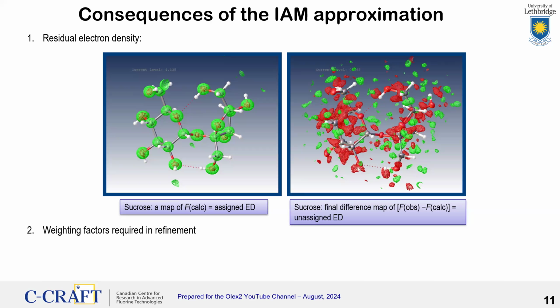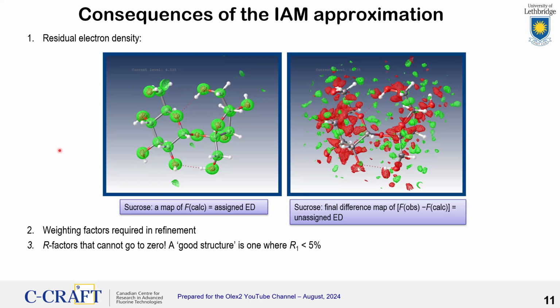One consequence of this ignoring of the true distribution of the electron density by using spherical atom models is that we need a weighting factor. A weighting factor essentially is a fudge factor that tries to accommodate for this unassigned electron density in a resolution-dependent fashion.